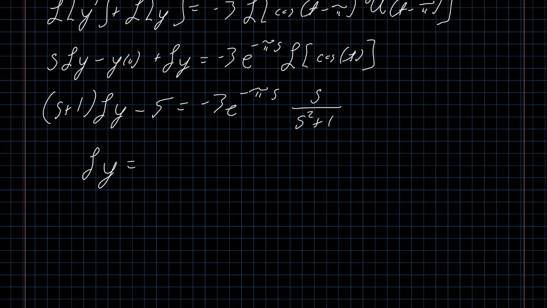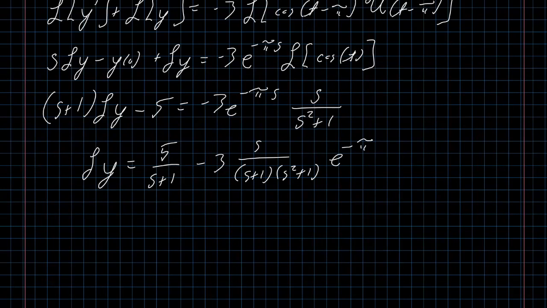Right. Rearranging a little bit to solve for L of y, we'll have 5 over s plus 1, and we will have -3 times s over s plus 1 times s squared plus 1 times e to the minus pi s.